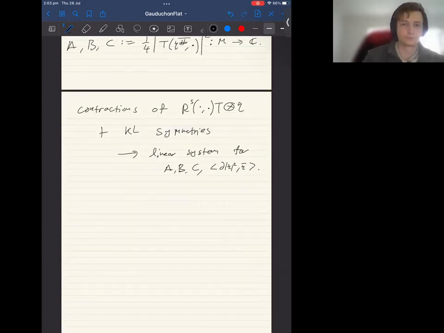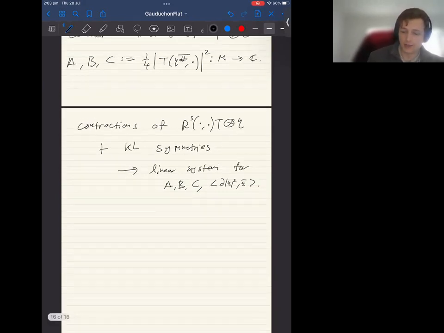So I won't go into actually applying this, but you take contractions of this, you apply the Kähler-like symmetries, and you get 4 equations. Okay, so you end up with this matrix: lambda, which depends on S, times the vector A, B, C, times this first order function.